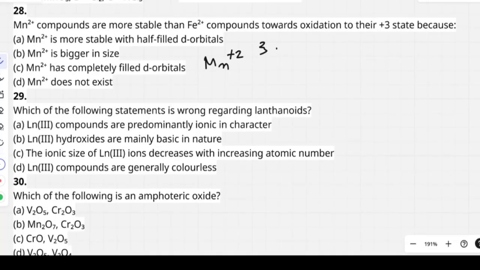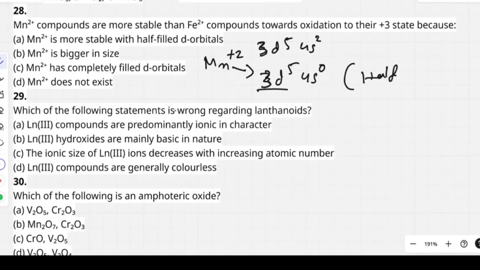So it has 3d5 4s2. So in +2 oxidation state, it has 3d5 4s0. So it has a half-filled configuration. So half-filled electronic configurations are more stable.